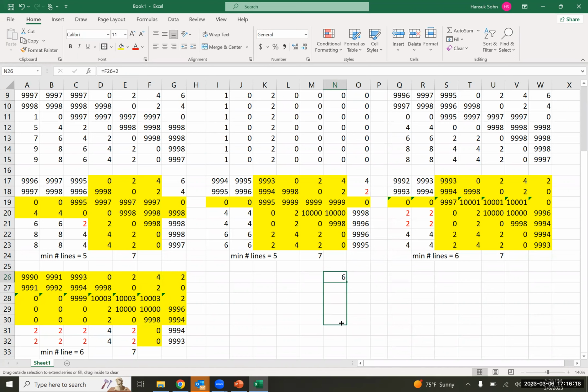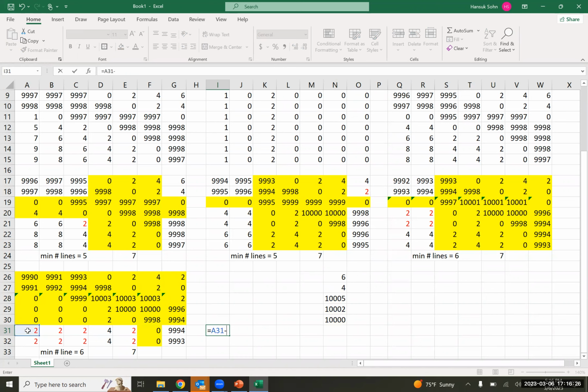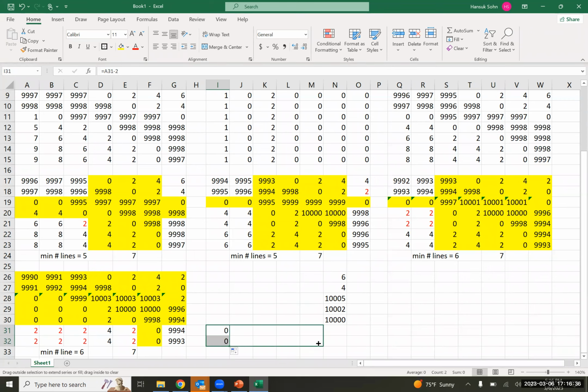So I'm going to copy, paste, right? But here, this minus the minimum aligned value, which is 2, right? So I'm going to copy and paste. Also, I'm going to paste right here. And all the other values remain the same.